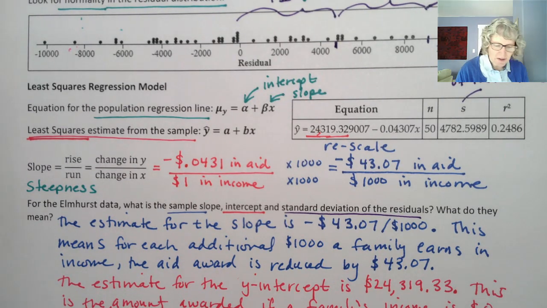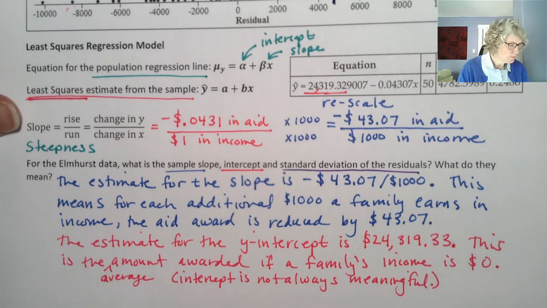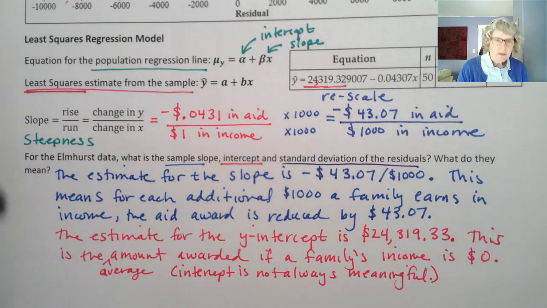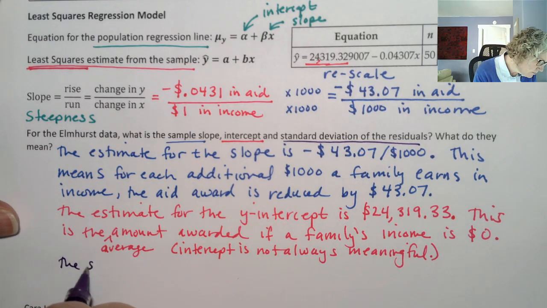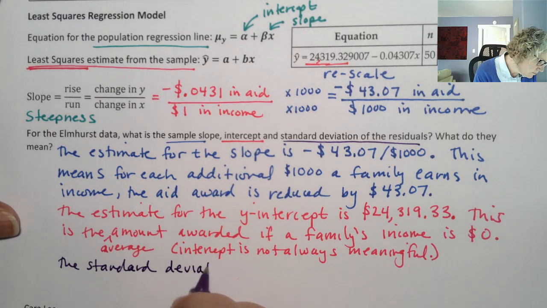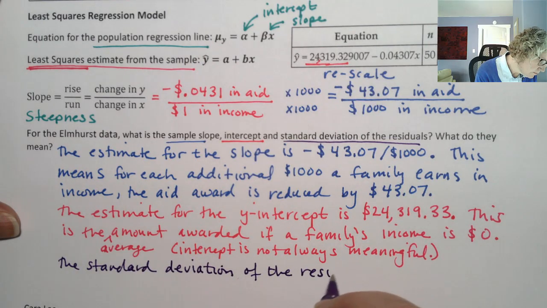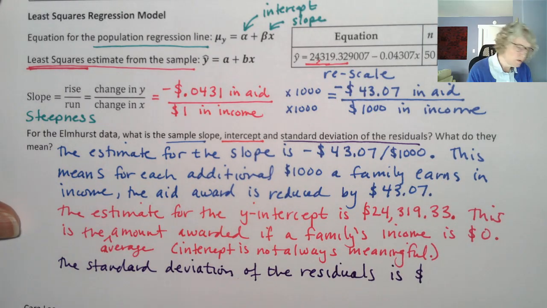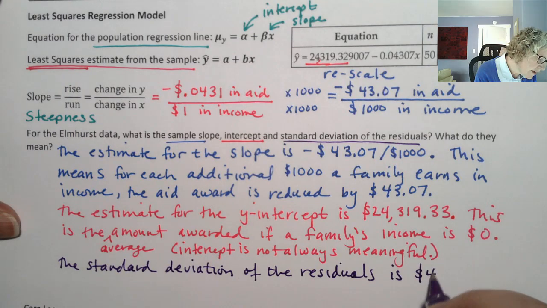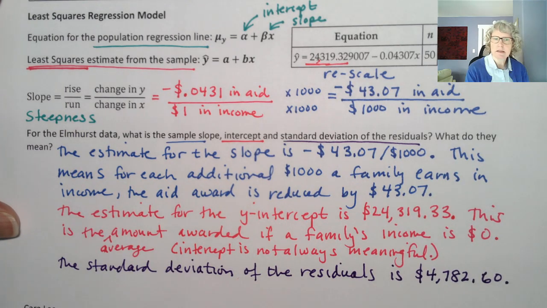It's hard to switch to standard deviation because we've been talking about standard error so much. The standard deviation of the residuals, and remember it has the same units as the data, is $4,782.60.